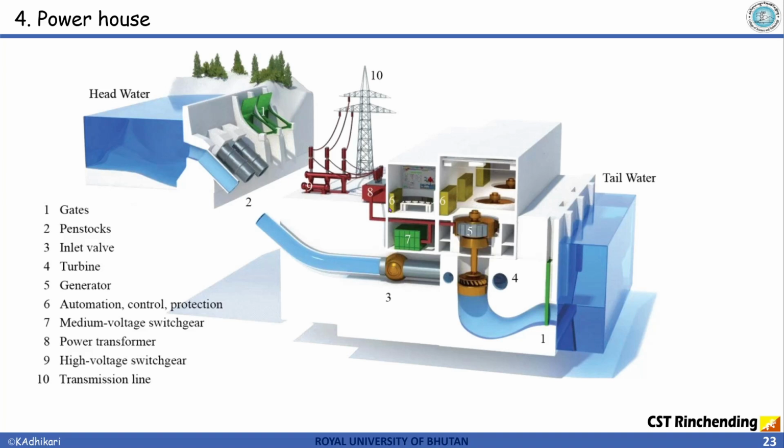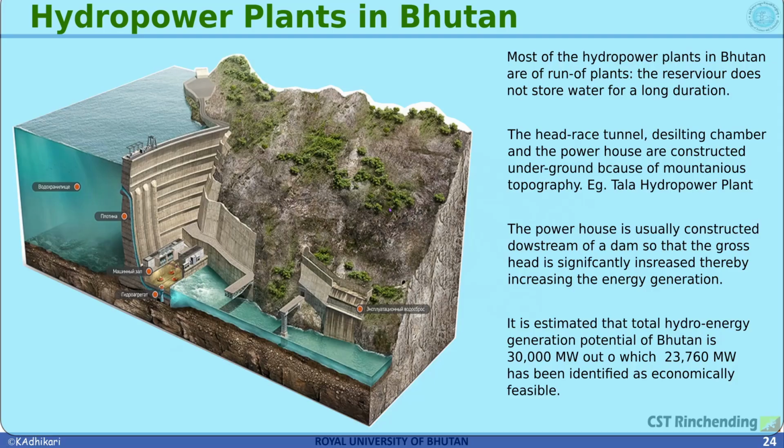Okay, with this, let's continue our discussion with hydropower development in Bhutan. As you can see in this image, which I just got from online, it resembles how hydropower plants are constructed. It is not in Bhutan, but it gives a lot of information.